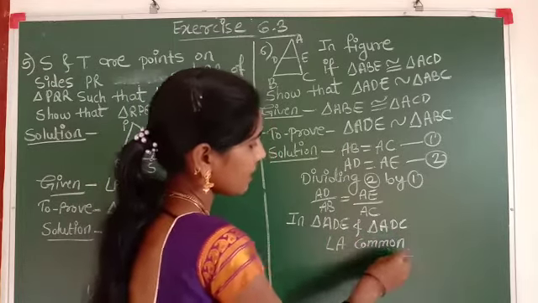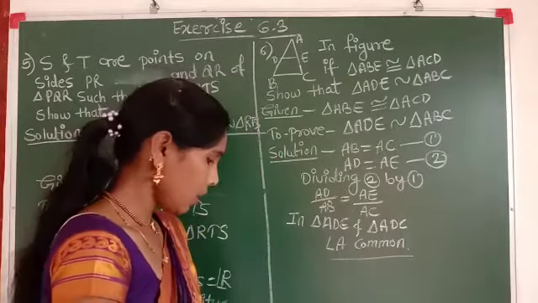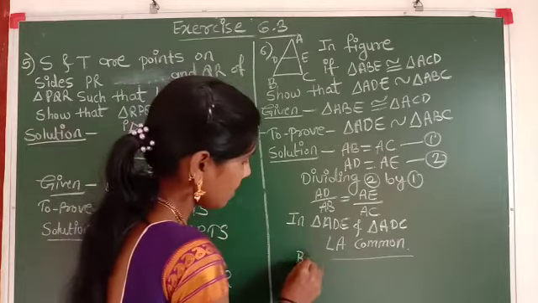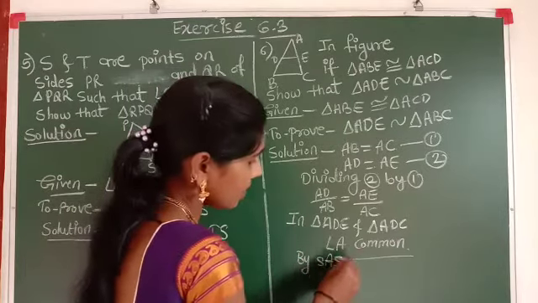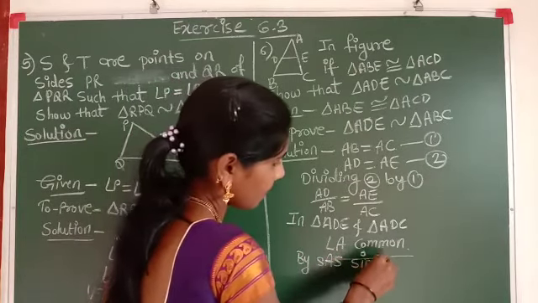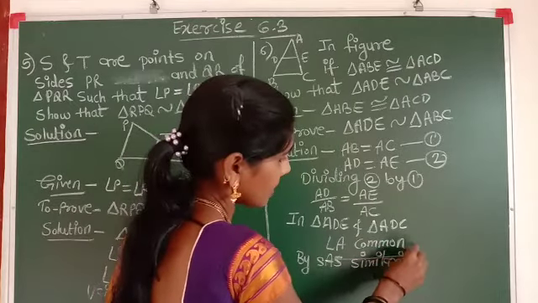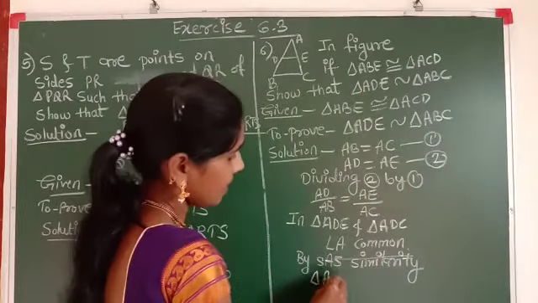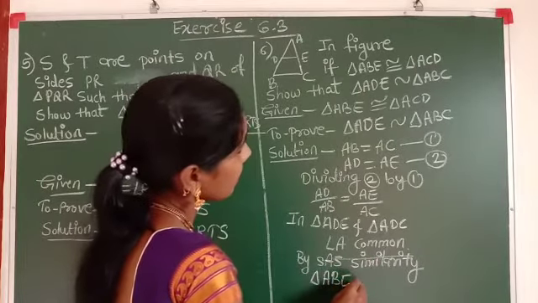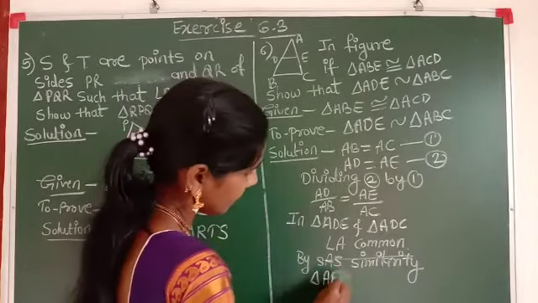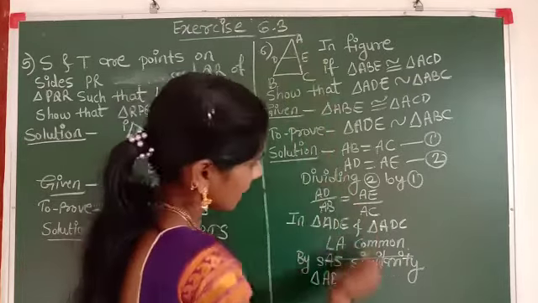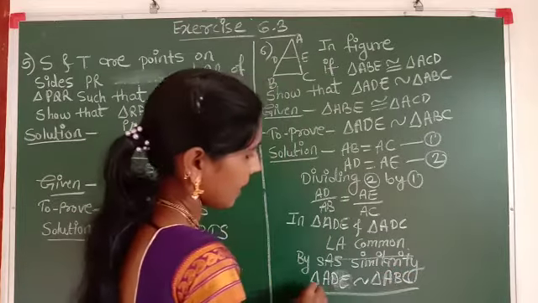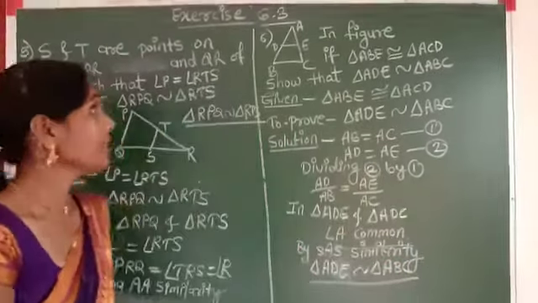By SAS similarity, we can say that triangle ADE is similar to triangle ABC. Hence proved. Next, seventh example.